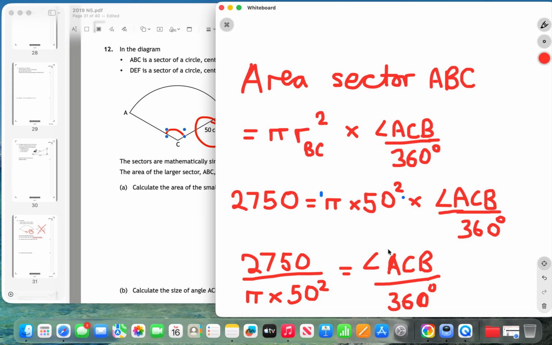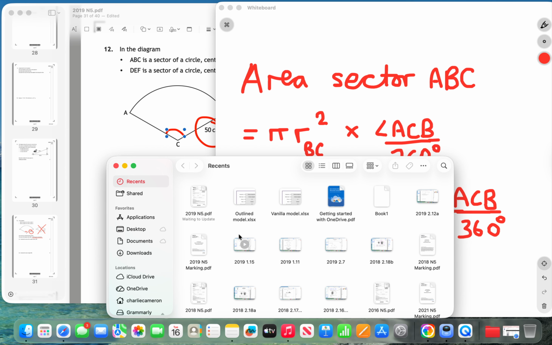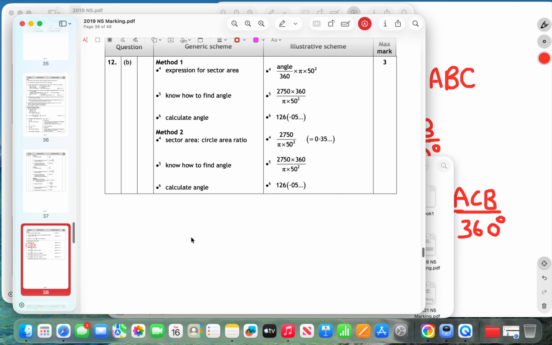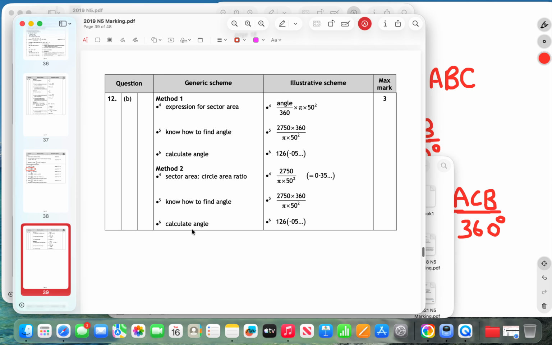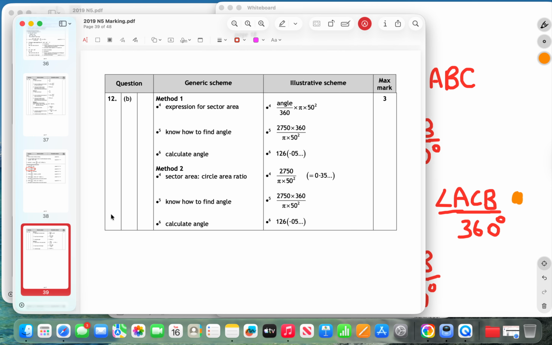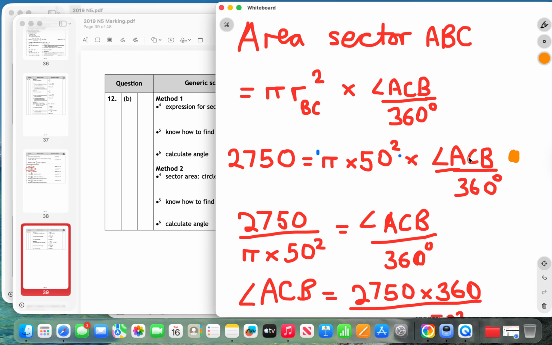Now let's have a look at how the SQA would give the marks on this question. The first mark would be for this line up to that point.